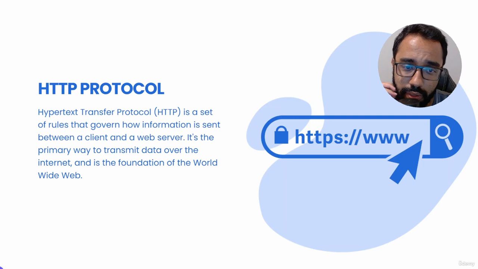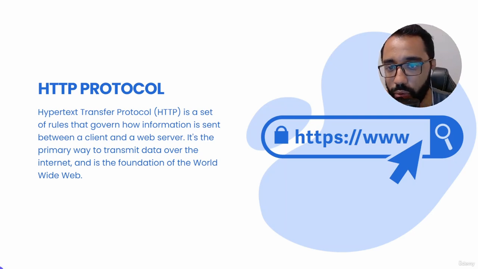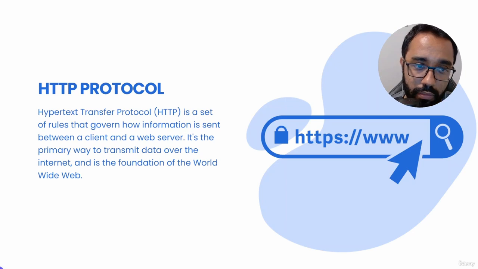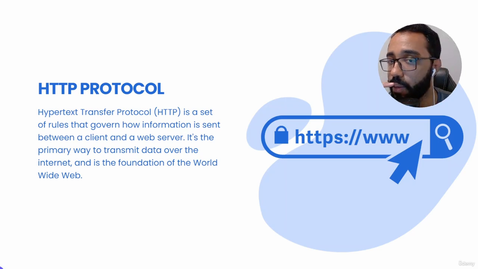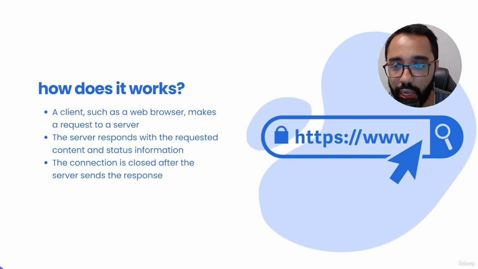It's a primary way to transmit data over the internet and is the foundation of the World Wide Web, right? HTTP, the www or World Wide Web, is one of the main things inside the internet right now. We also have HTTPS, and this is the most used way to transmit data over the web, through the different methods they have.